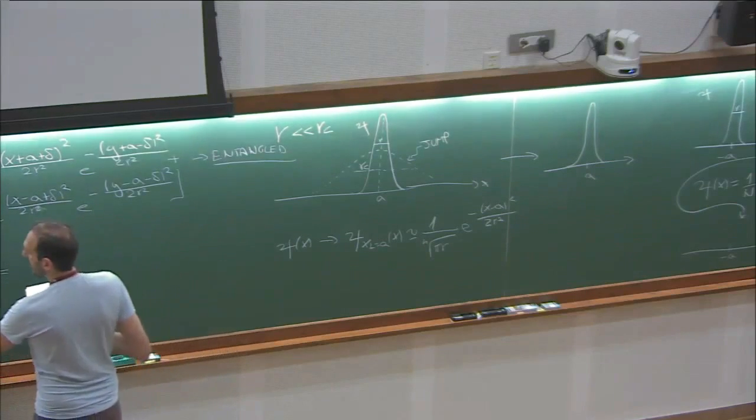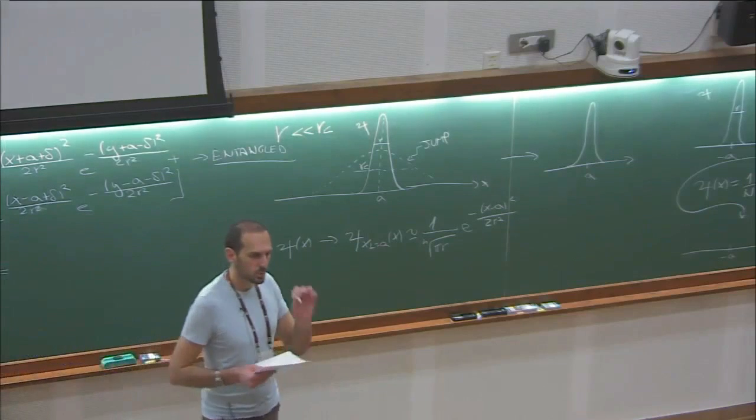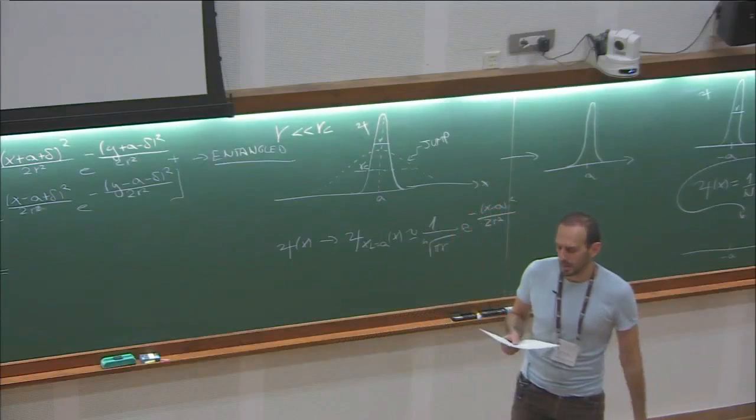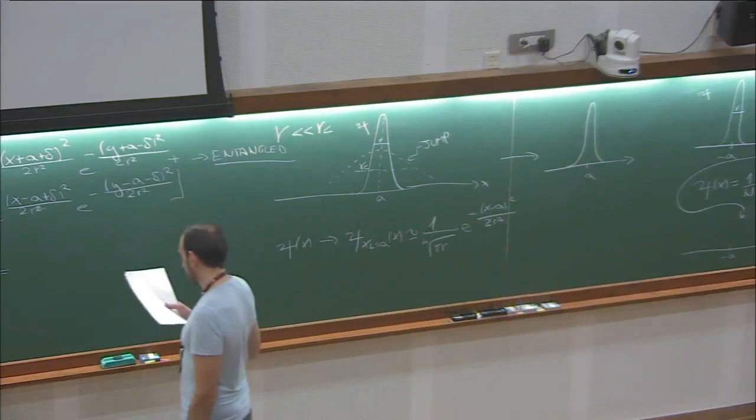So it's xl, not yl, which means that particle 1, which goes with the coordinate x, suffers a localization around position A minus delta.